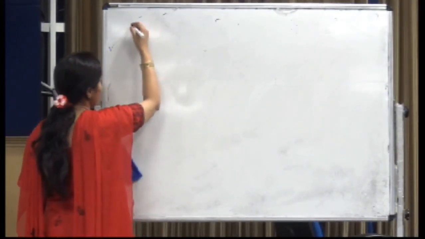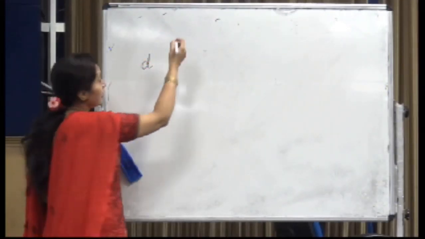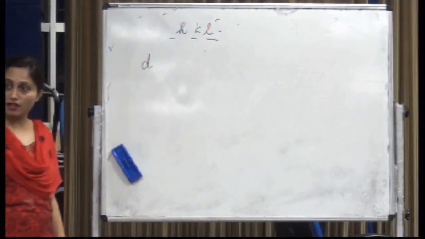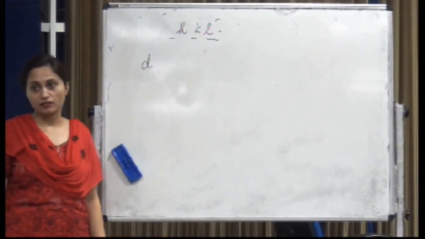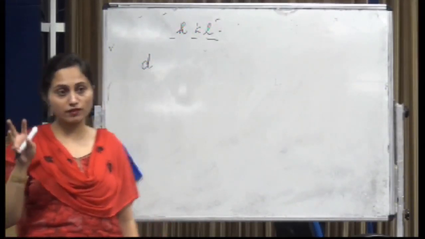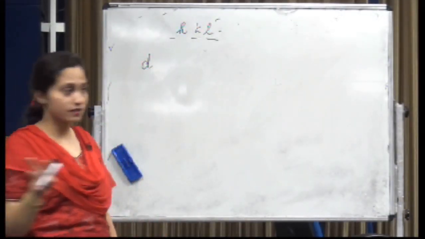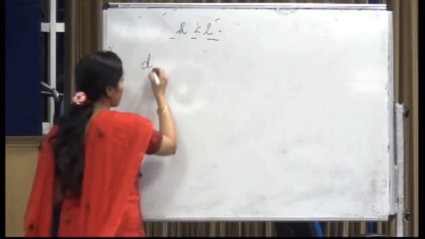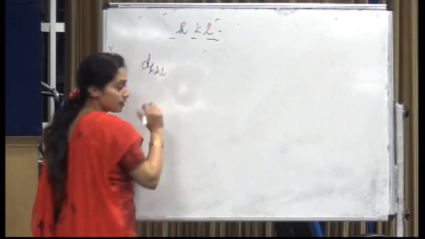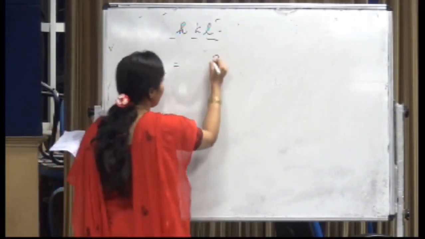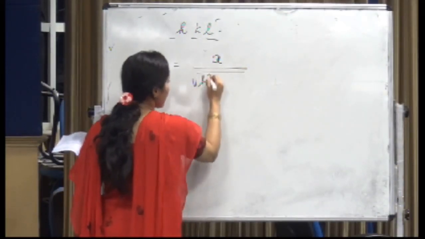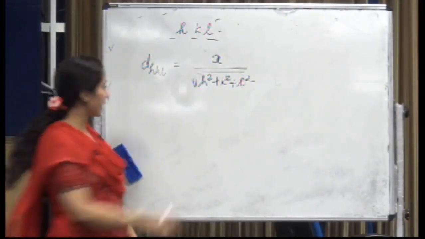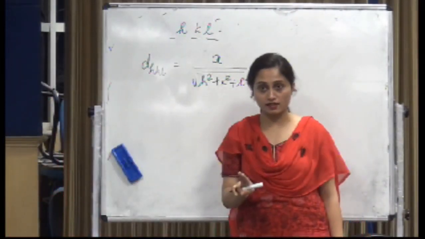We write these indices in terms of A, B, C, and Miller indices we write in terms of H, K, L. Your Miller indices were like 1 1 1, so H, K and L. H is for the X dimension, K is for the Y and L is for the Z. So the distance, because you are doing cubic unit cells, between any two Miller planes is equal to A upon under root of H square plus K square plus L square, where H, K and L are your Miller indices.